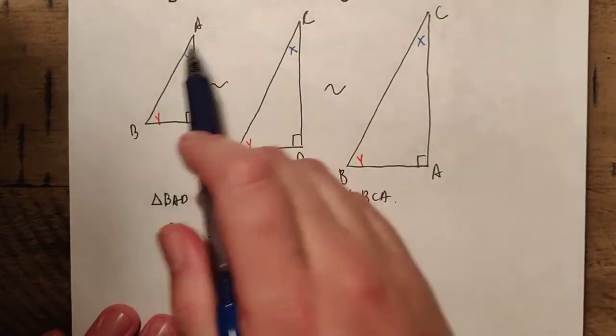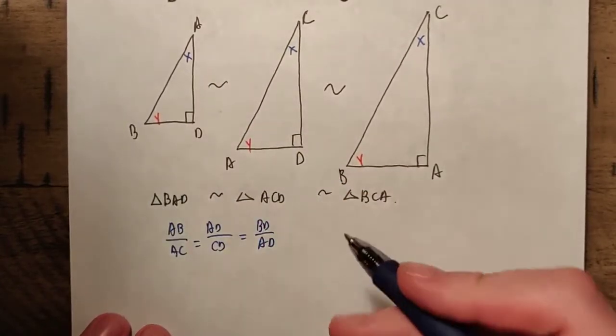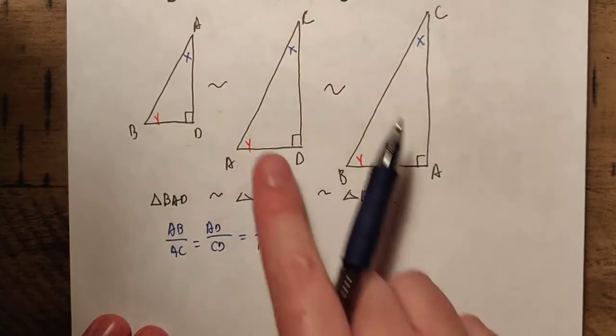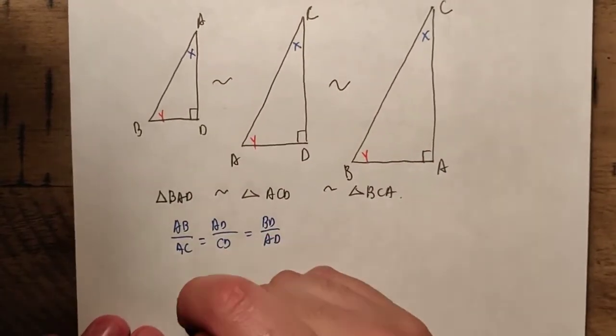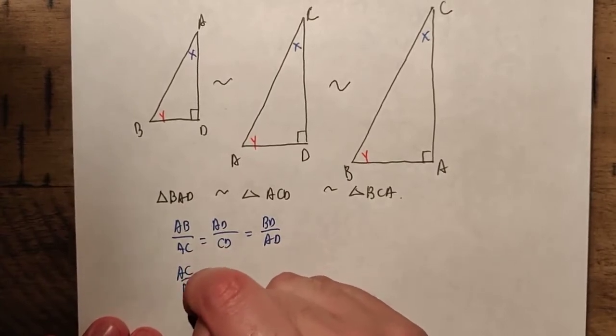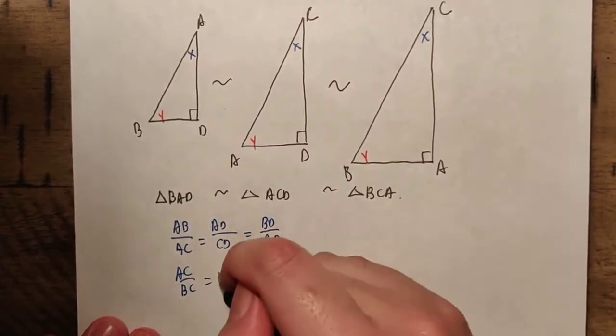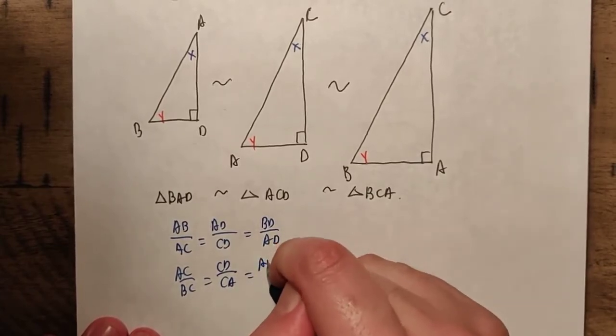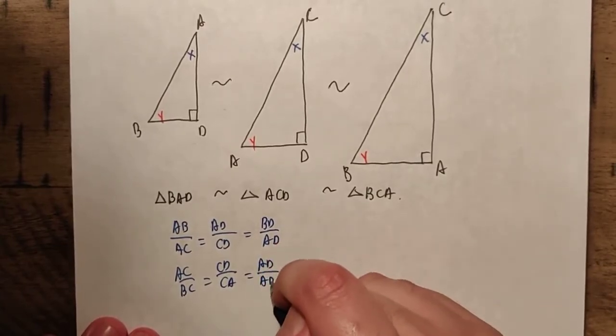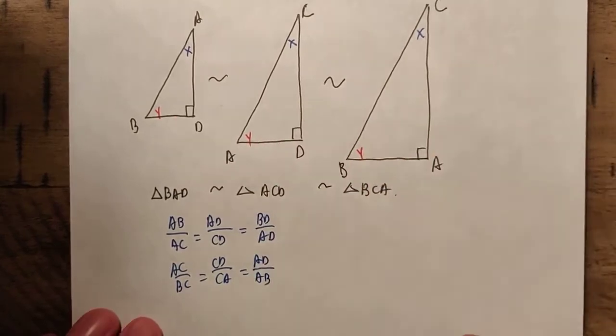So for this pair of triangles, we can write that. So this is for the first two triangles. Now for the second two triangles, we can do the same thing. We can write AC is to BC, and that's equal to CD to CA, and that's equal to AD over AB. And that's for the second pair of triangles.